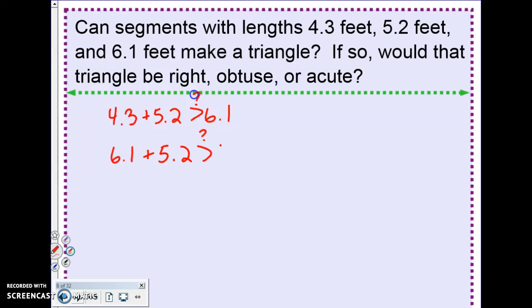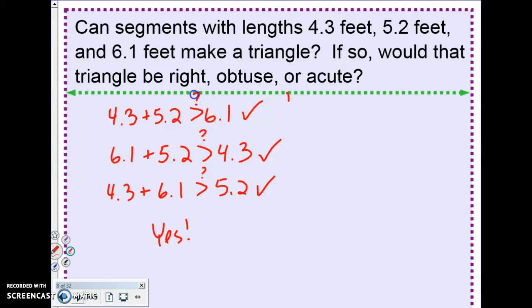Basically I'm just checking the triangle inequality theorem to make sure this is in fact a possible triangle. So 4.3 plus 6.1, is that greater than 5.2? And you could do the math probably in your head. They all check out. This one's going to be a number that's greater than 7, and that's greater than 6.1. The second one, it's going to be greater than 11, that's greater than 4.3. And then the final one, that's over 10, and that's greater than 5. So yes, this is a triangle.